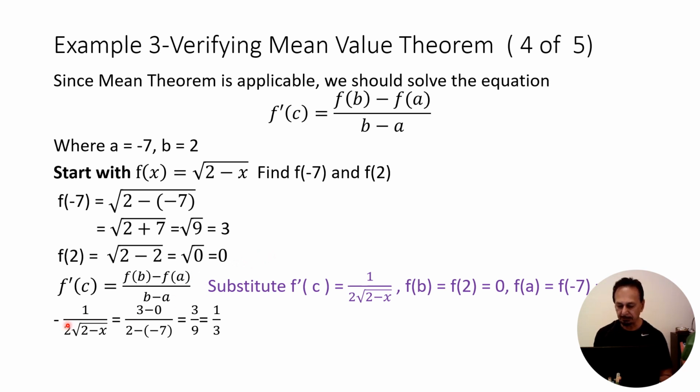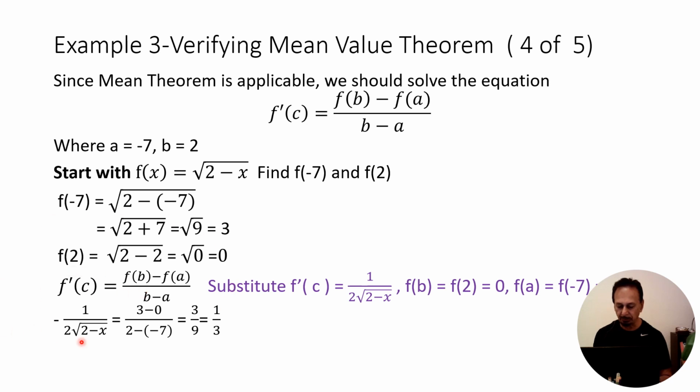Now f prime of c, we already calculated as negative 1 over 2 times the square root of 2 minus x. So we now substitute f prime of x, and f of b, which is f of 2, which is 0, and f of a, which is f of negative 7, and that is 3 in this equation.